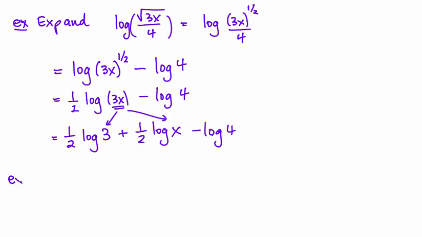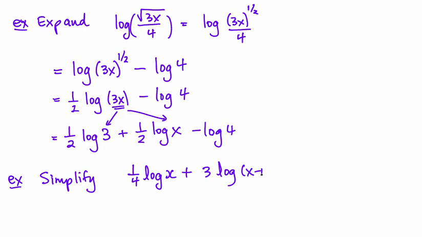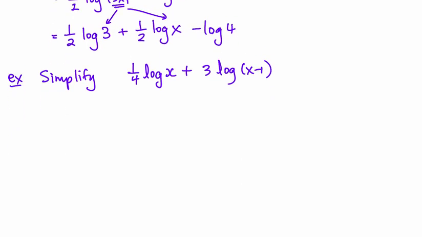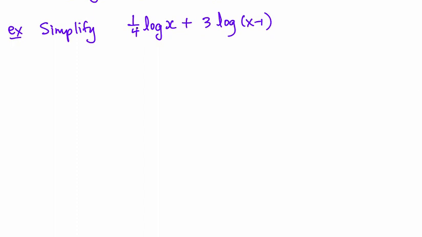So if we can do an expand question, we can also do what's basically called a simplification question. So you can take something that looks like it's in an expanded form and try and put it back together into a single log form. So this 1/4 will be the exponent, so this is log x to the 1/4, plus this 3 will become the exponent, so log x minus 1 cubed.